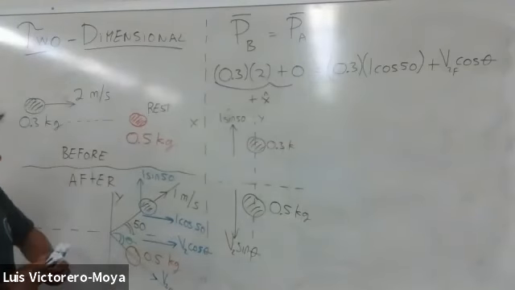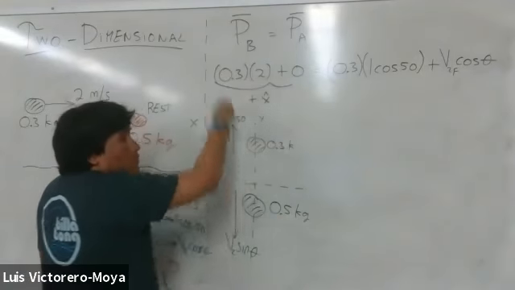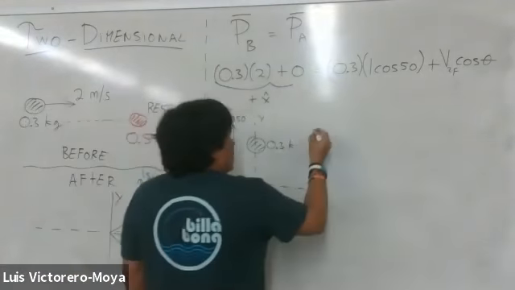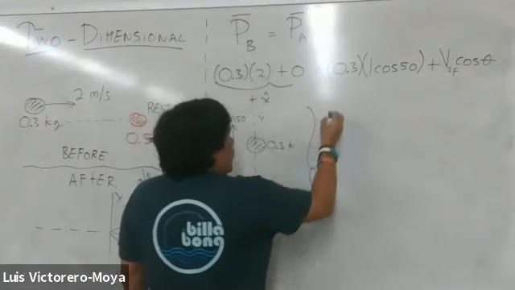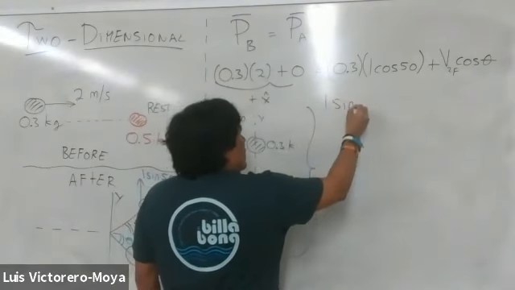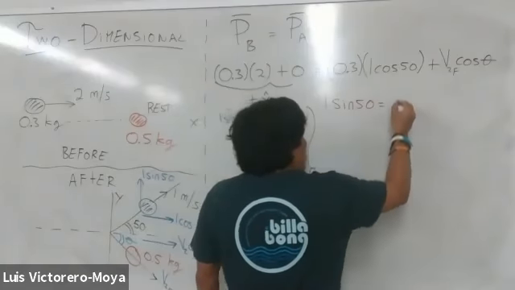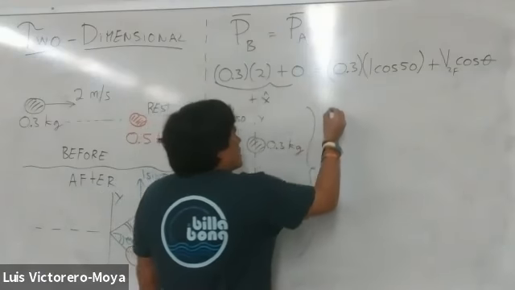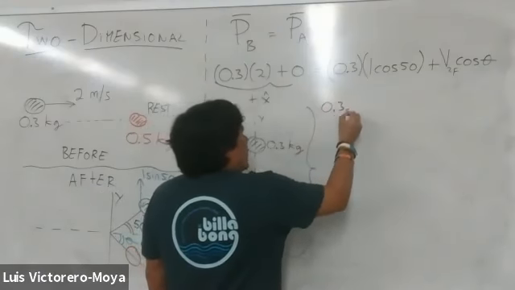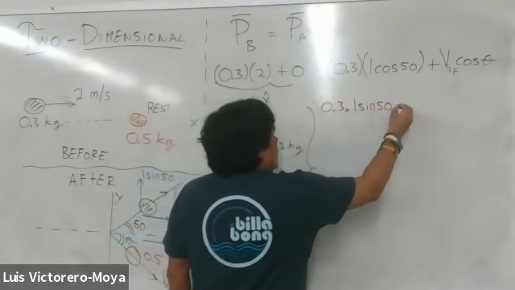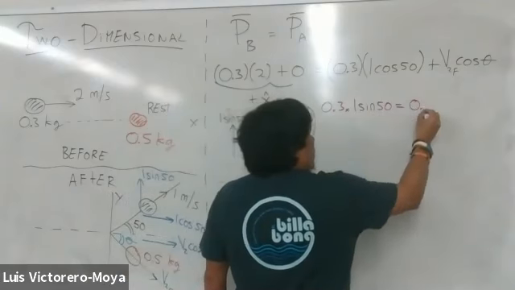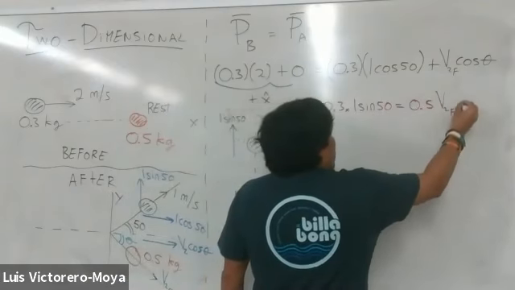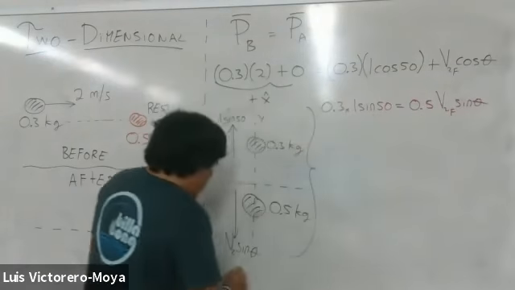The momentum also has to be conserved. So the momentum going up has to be equal to the momentum going down. That's it. So here you will have mass times, oh my God, mistake there, kilograms: 0.3 times 1 sine 50 equals 0.5 V2 final sine theta. This is V2 final, right?